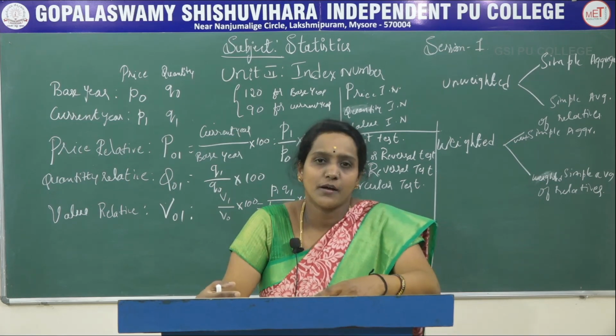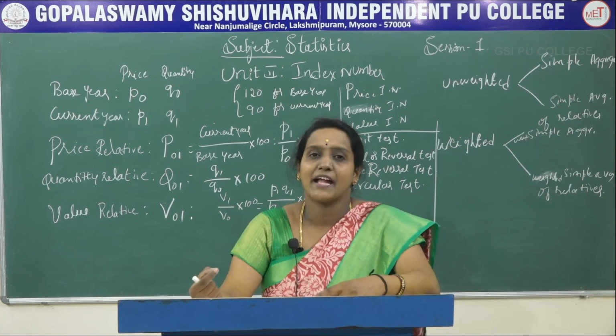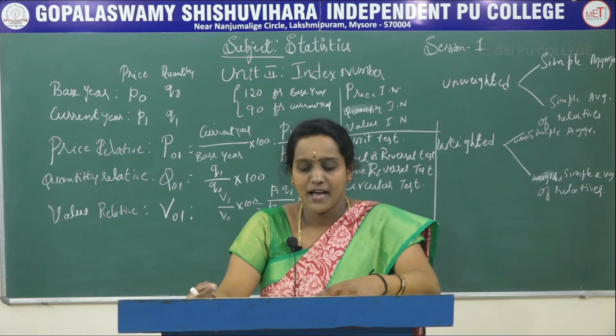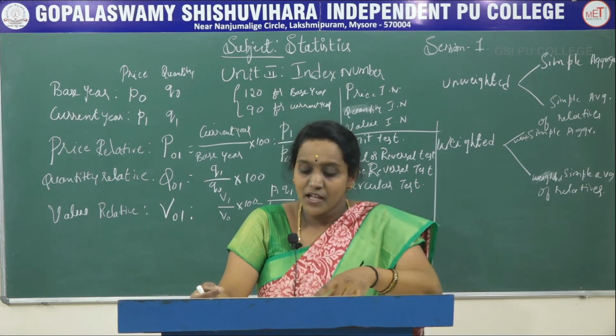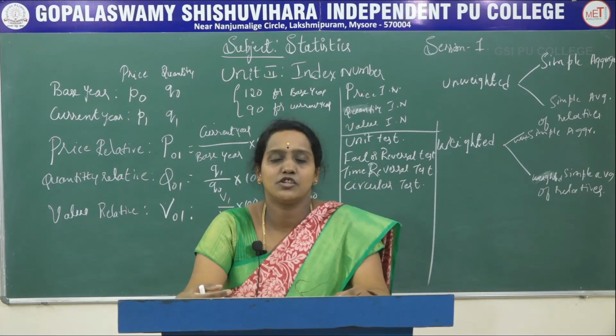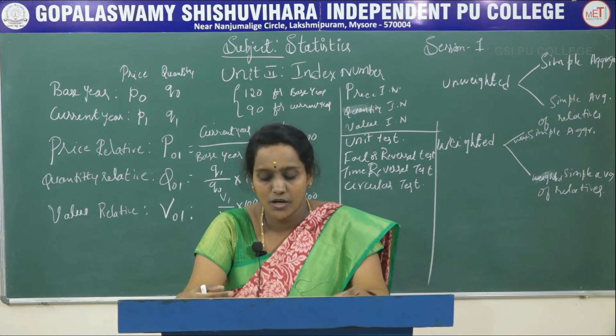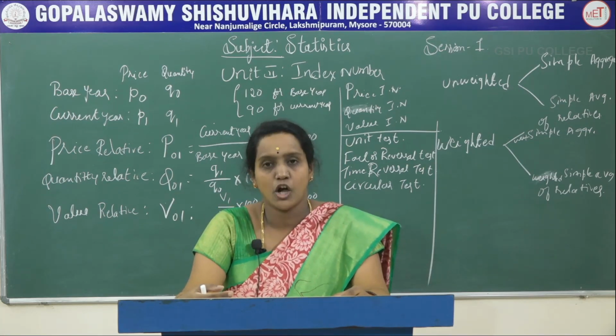For computing the index number, we have two methods, that is aggregative expenditure method and family budget method. In aggregative expenditure method, the base year is always having quantities, only the quantities and without weights.